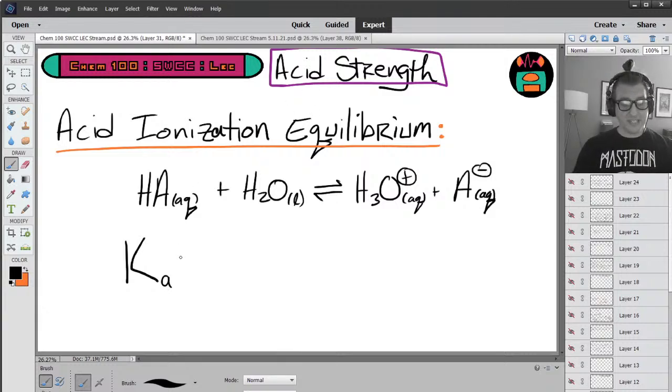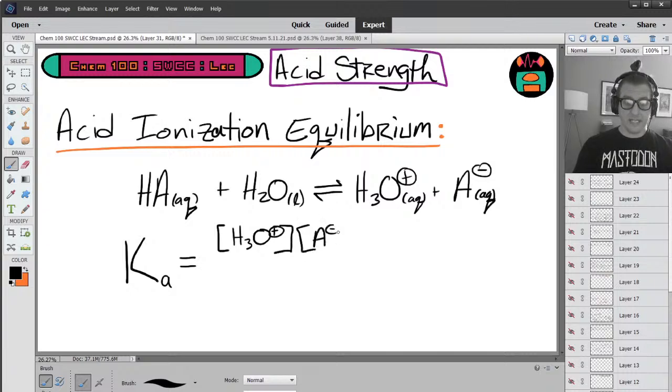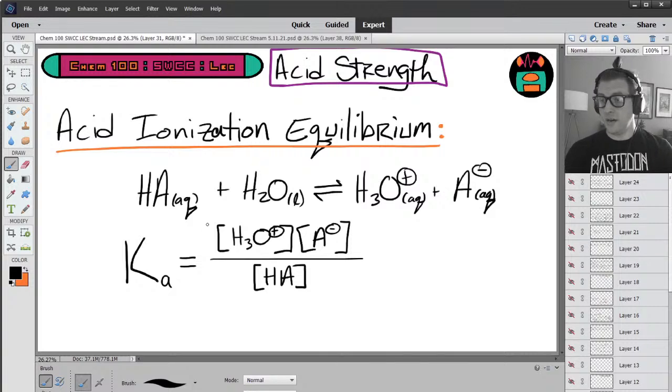So the Ka of an acid equals the concentration of its products over its reactants: hydronium times the conjugate base of the acid, over the concentration of the acid.